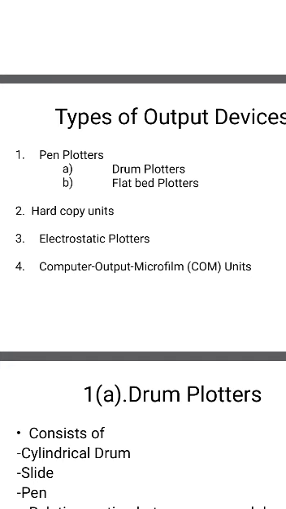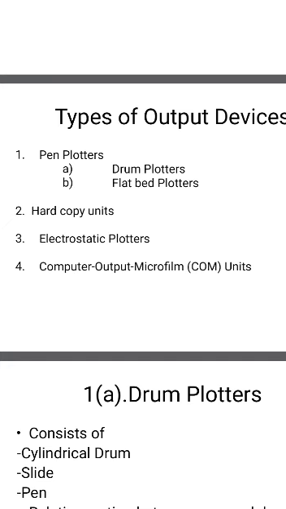First of all, what is a plotter? A plotter is a printer that interprets commands from a computer to make line drawings on paper with one or more automated pens.